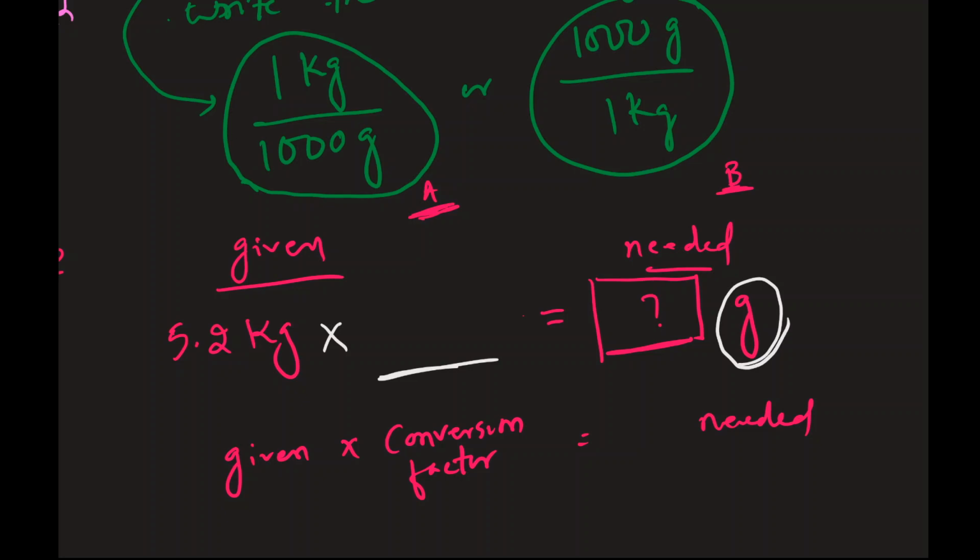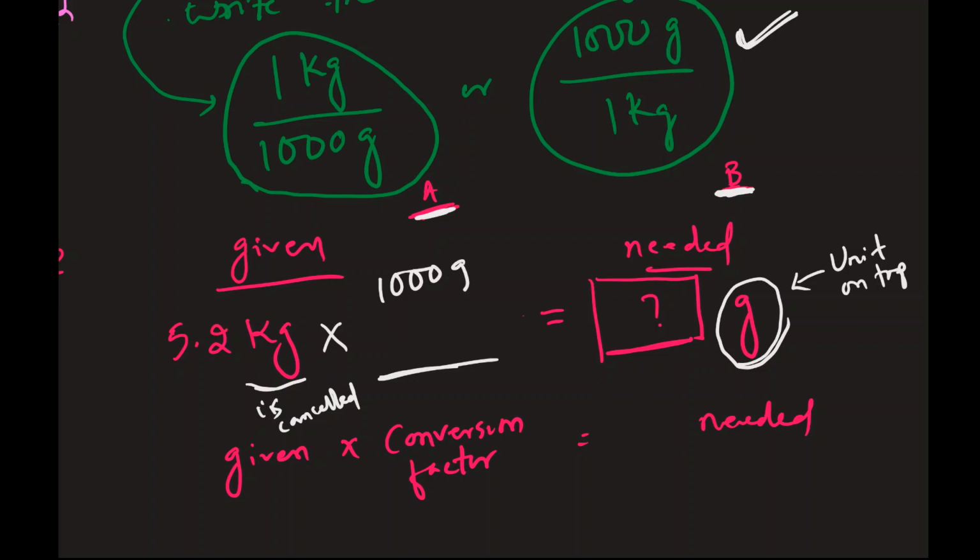The gram unit is on top, right? And the kg is cancelled. So you have to use the conversion factor that will cancel out kg and bring gram on top. Between A and B, which one has gram on top? B, right? Conversion factor B has gram on top. So we're going to use that conversion factor, 1000 gram per 1 kilogram.